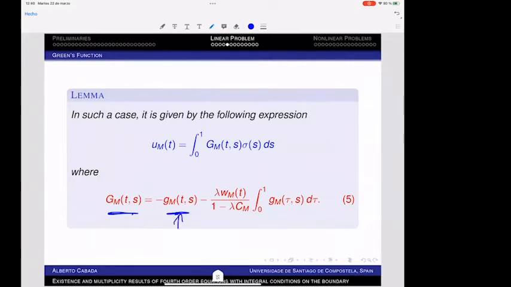This is the Green function, remember, when lambda equals 0. We have here again the Green function. This is the spectral condition where Wn appears, okay? And so from the homogeneous problem, we deduce the expression of the non-homogeneous problem.